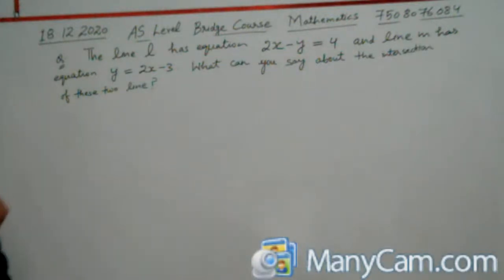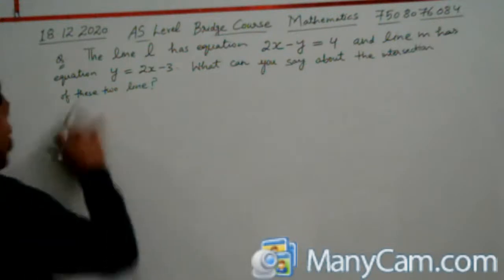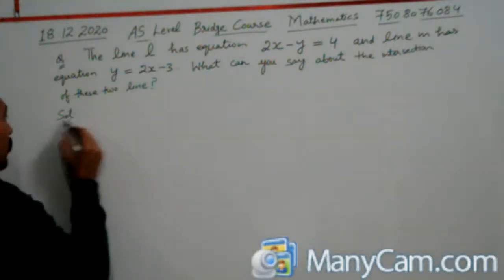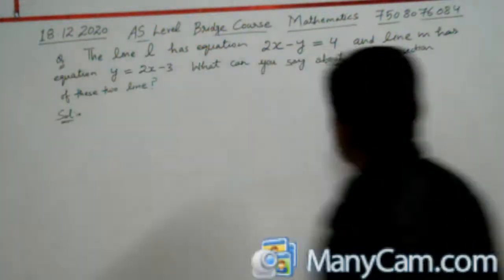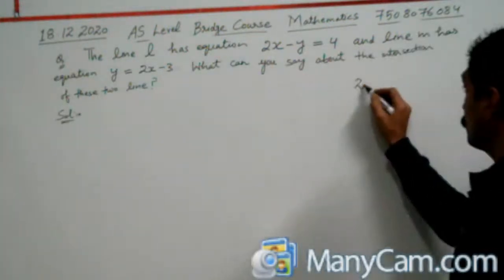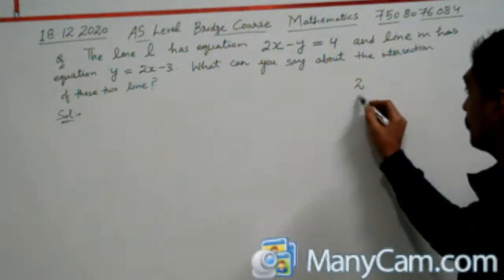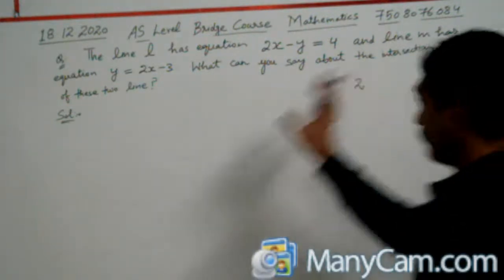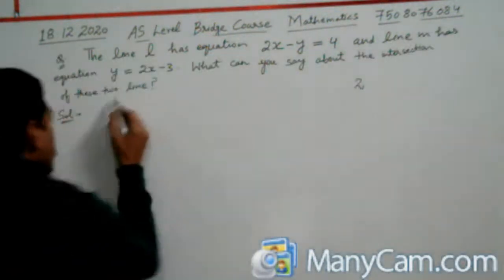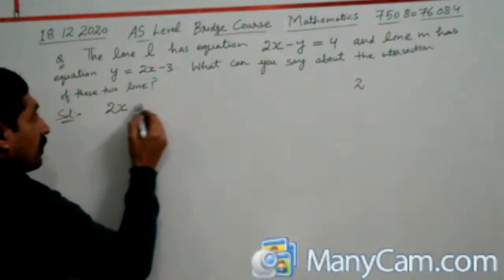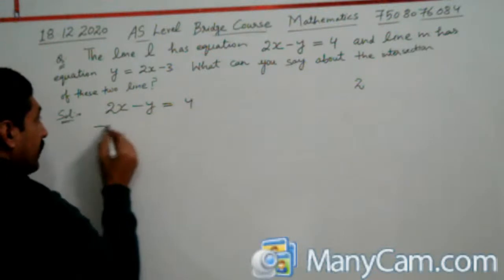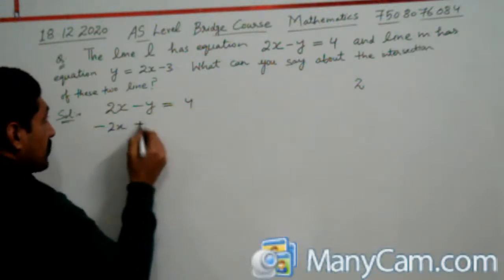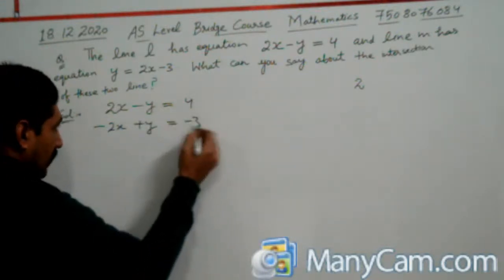So here, roughly we can discuss that in one line the coefficient is 2 and in the other the coefficient is also 2. But we can rearrange them in the same way. One is 2x minus y is equal to 4, and here it is minus 2x plus y is equal to minus 3.